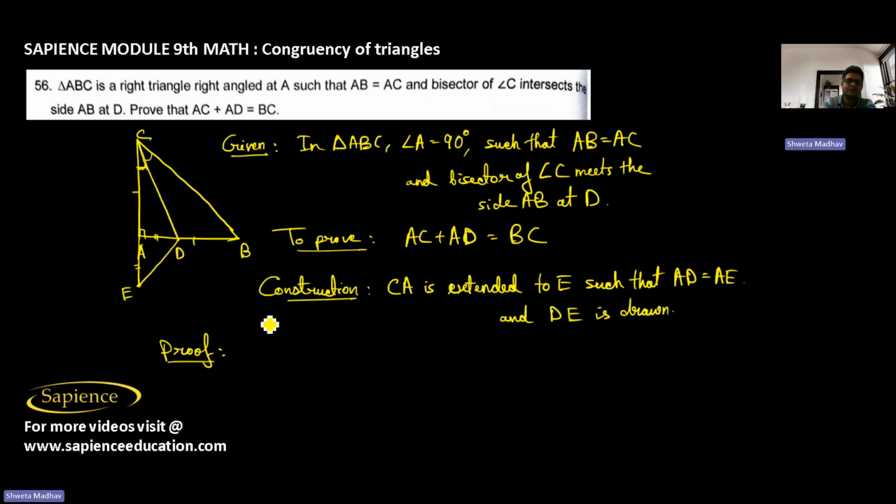Then we'll write the proof. So these two angles are equal. These two triangles, this side is common.